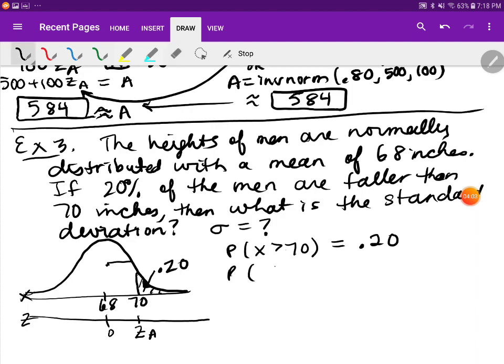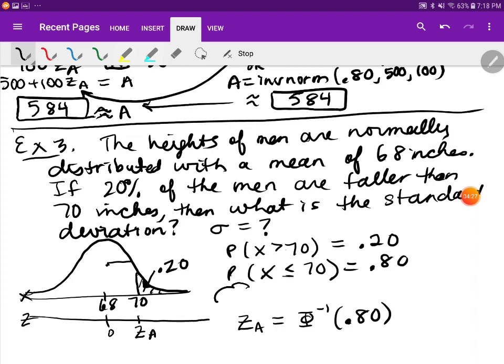So let's write it this way: the probability that X is less than 70 is 0.80. If it makes you uncomfortable that it doesn't have an equal to sign, you can always add one and it's the same thing. At this point, I'm going to skip a line because I'm going to show you the official way to write it. But you could write ZA is inverse normal of 0.80. That would be proper notation.